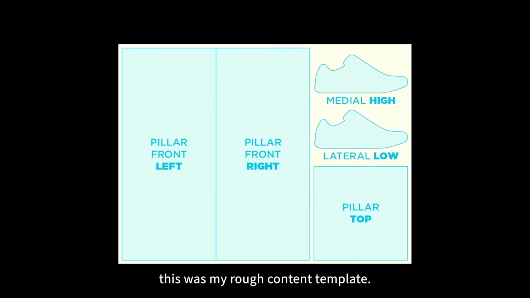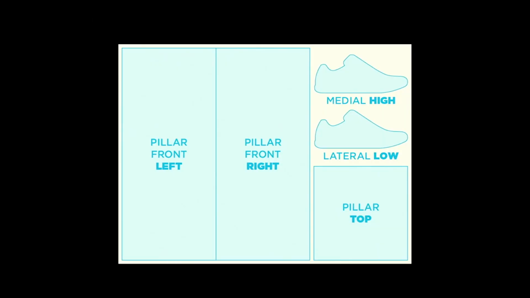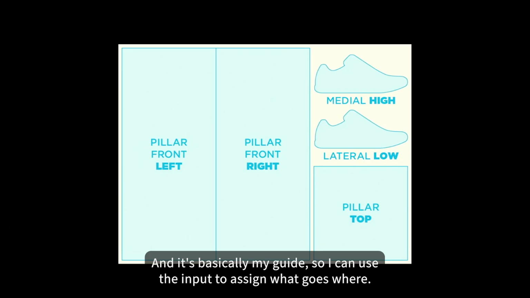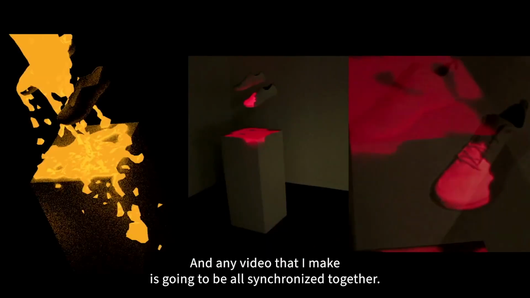This was my rough content template. So left side, right side, top, and anything that I animated here would be lined up with the top. It's basically my guide. So I can use the input to assign what goes where, and any video that I make is going to be all synchronized together.